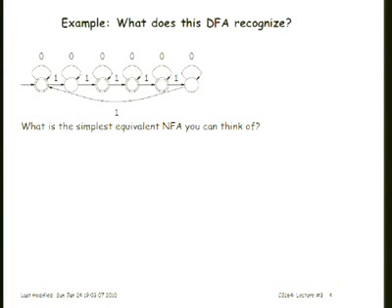If that's the number of ones, then it accepts it, and otherwise not. Or in other words, another way of saying that is that it's either 0 modulo 2 or 0 modulo 3, or both. Either one will work.